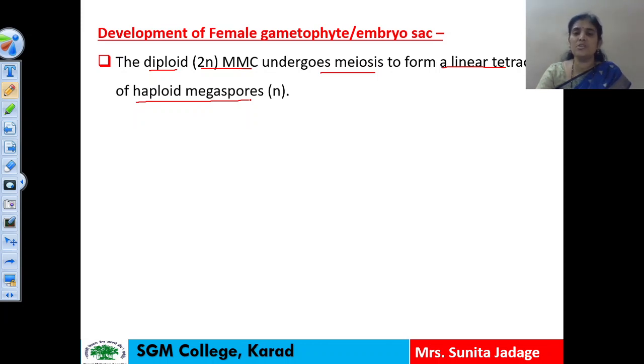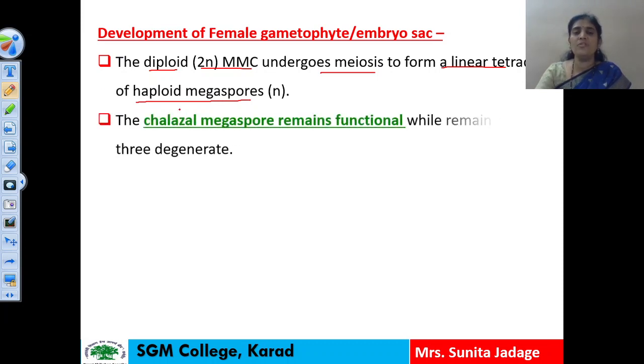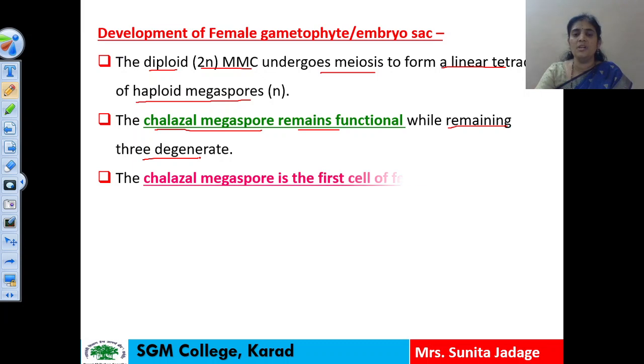It undergoes meiosis and 4 haploid megaspores are formed in a linear manner. Out of those 4 haploid megaspores, only one chalazal megaspore remains functional while the remaining 3 degenerate. And in that chalazal megaspore, the further divisions for the development of the female gametophyte take place.